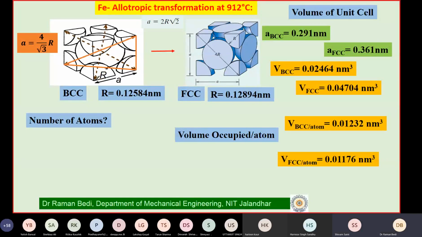So, did you understand what I said lastly? Now, this is the same slide which I used two or three lectures ago when we talked about this transformation of iron which happens at 912.